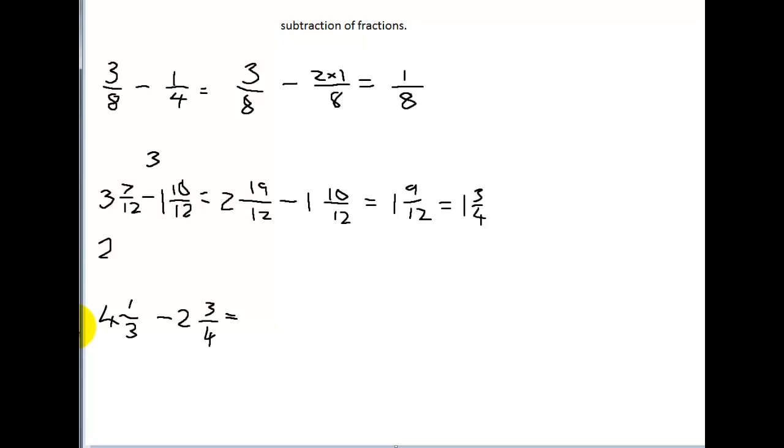Then you take another 1 off it, which gives you 1. And then with the 3, you take 3 away from 12, which equals 9, and you just leave it over 12.